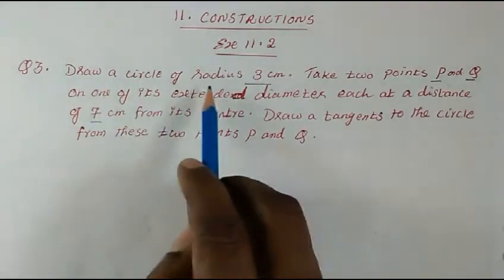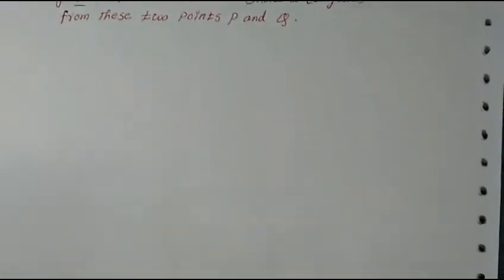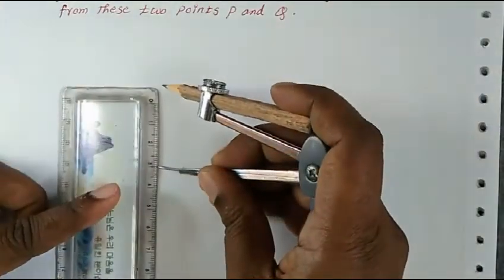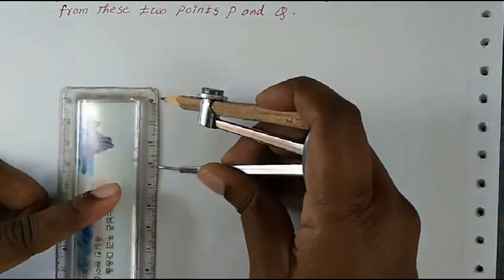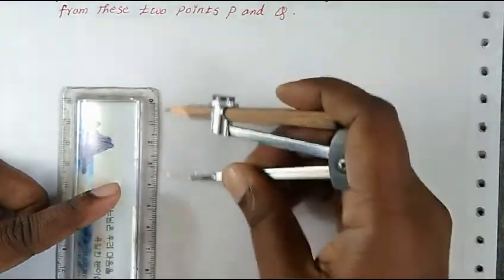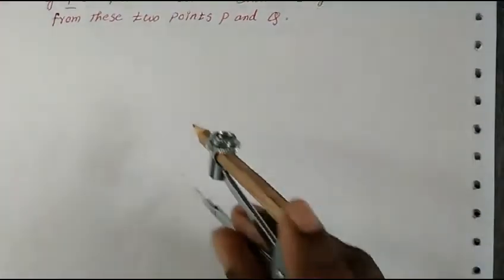First, let us draw a circle of radius 3 centimeter. So, take your compass and scale. 3 centimeter you take. Okay, so 3 centimeter, then let's draw a circle.